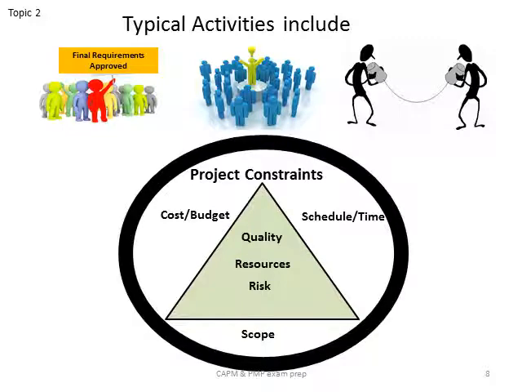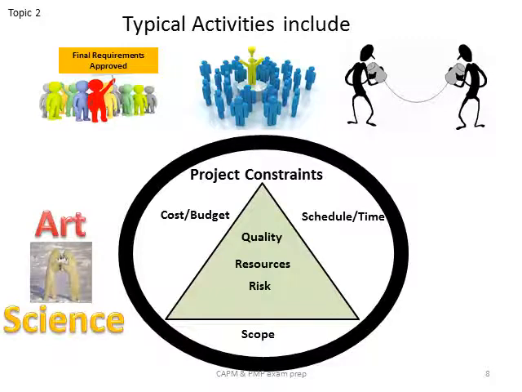There is a relationship and a correlation between the factors. If one increases or decreases, likely others will as well. The application of project management is the art and science of balancing multiple and often competing influences.